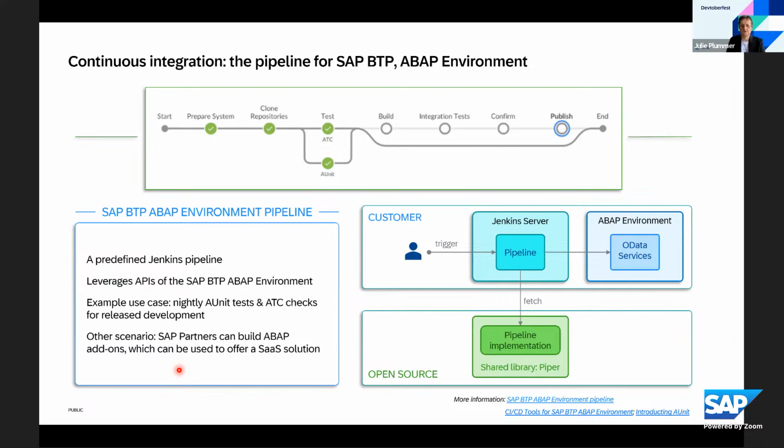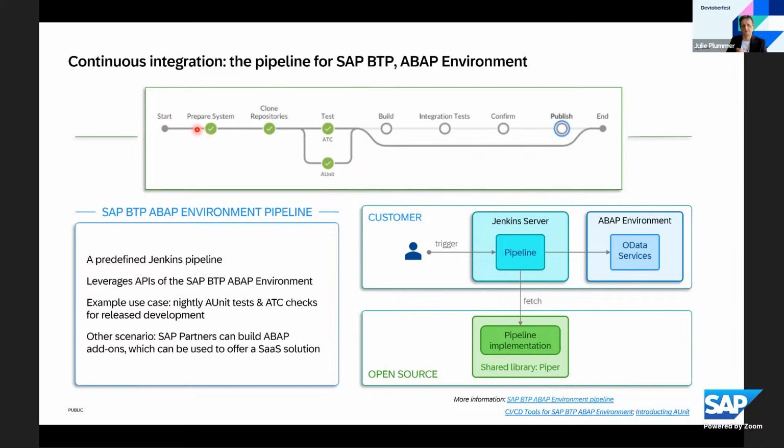It's managed by SAP, but it's open source, and we offer several Jenkins pipelines for various scenarios, including Steampunk. And we also offer custom steps, so you can take the existing pipeline as a template and add some of your own optional steps, such as ABAP Unit or ATC.